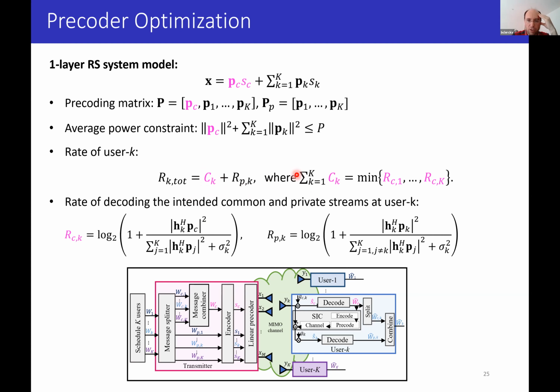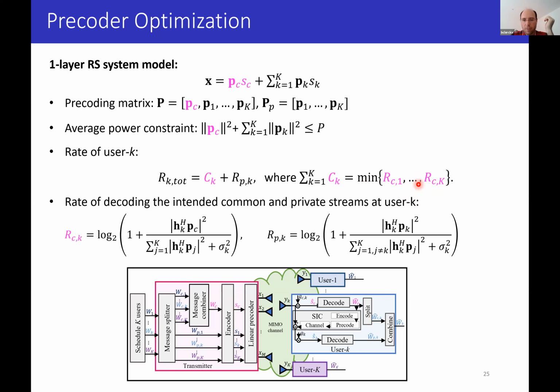And the common stream has to be decoded by all. So that means I need to transmit this common stream such that it is supportable by the channels of those K users. And that's why I have a minimum here. The minimum means that the rate of the common stream needs to be adjusted so that it can be decoded by all those K users.